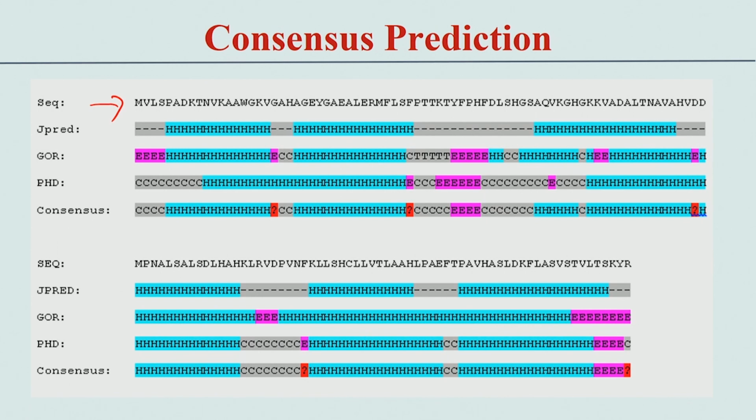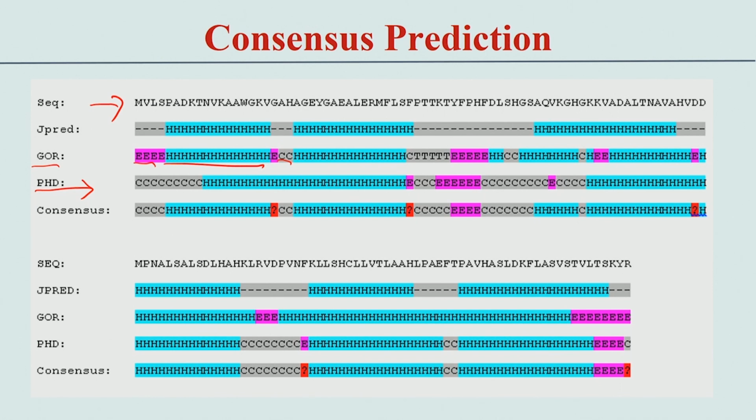So, JPRED predicts this as helix, the helical regions. Then take GOR. What is GOR? It is based on information theory. So, they predicted this as beta strand and here the helix, some coil, and the whole segment as helix or strand or coil. And another method, PHD, is based on neural networks. So, these are the values.